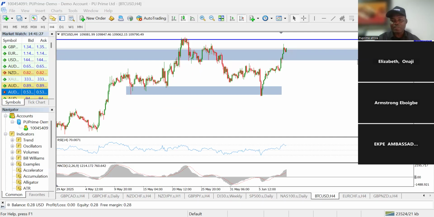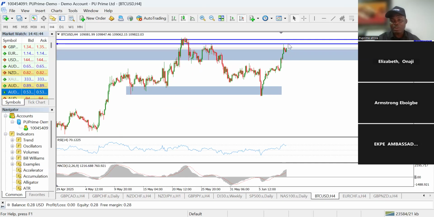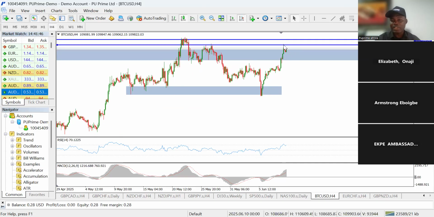Price moved from about $106,000 per BTC to about $110,000 per BTC, just within yesterday and today. So the first wave of movement is complete.